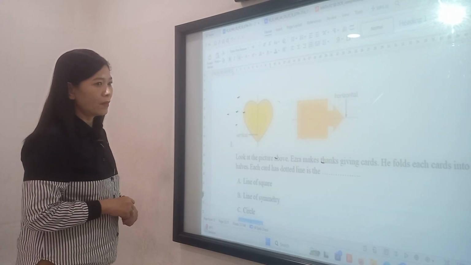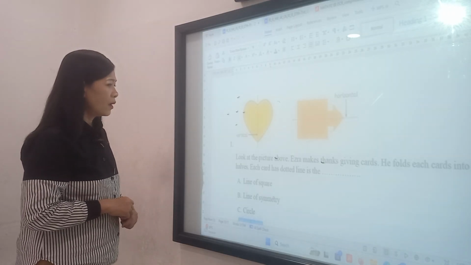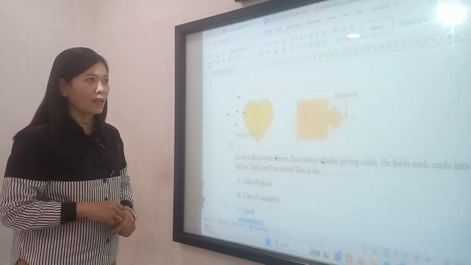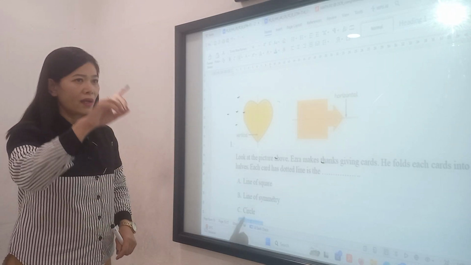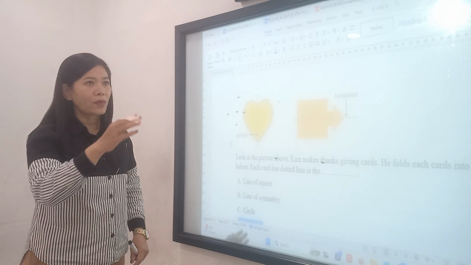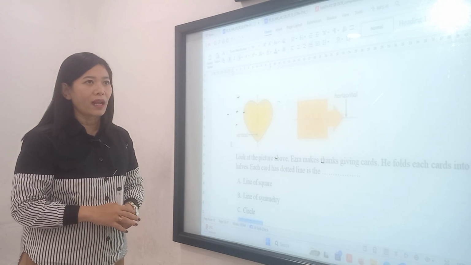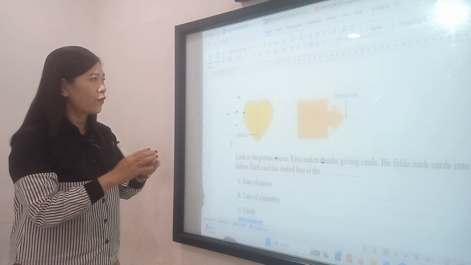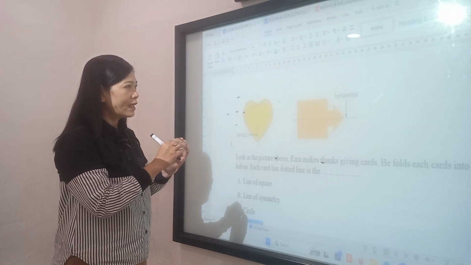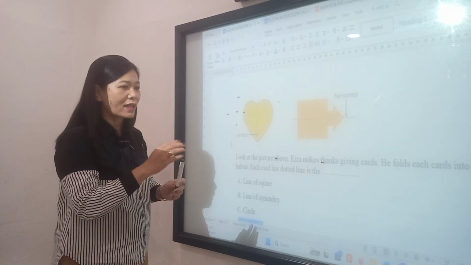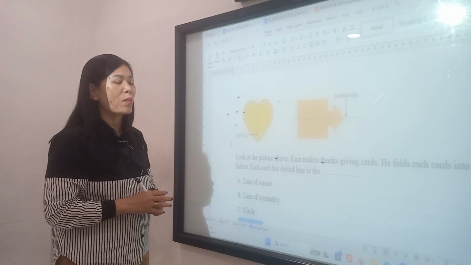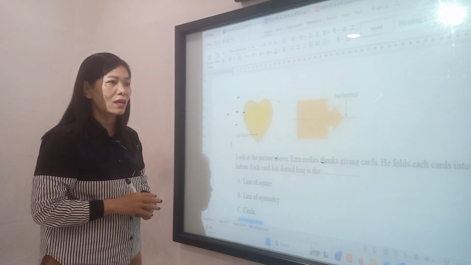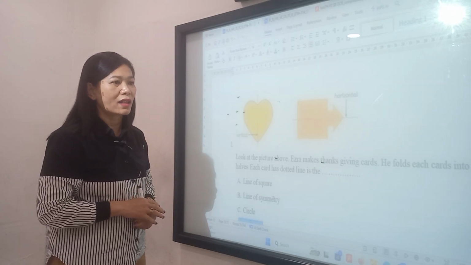I don't really get it actually. Just like a kite or a circle, we can take a symmetry there by folding it. You fold in and you fold in, you will find a symmetry there in the circle. So it is called dotted line or a center.